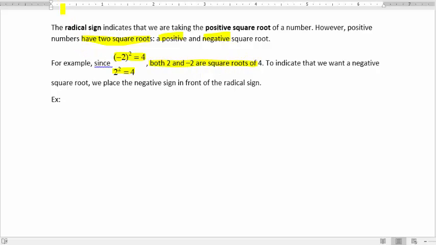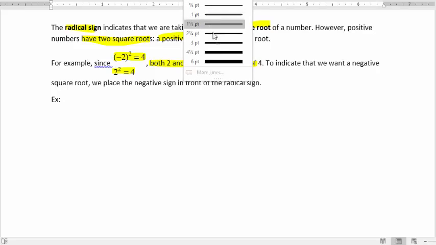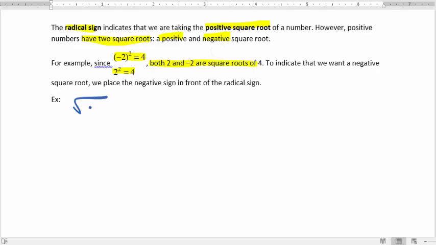However, the radical sign indicates the positive square root. So the square root of 4 is 2. If I wanted the negative square root, I would write negative square root of 4, which is negative 2.